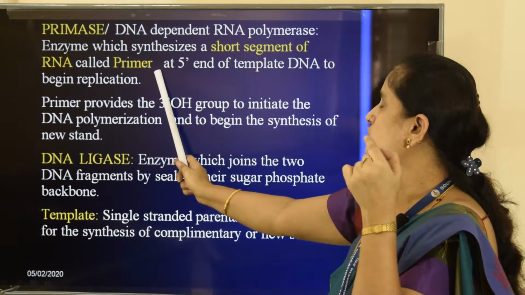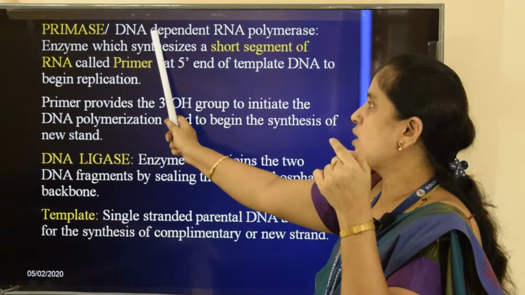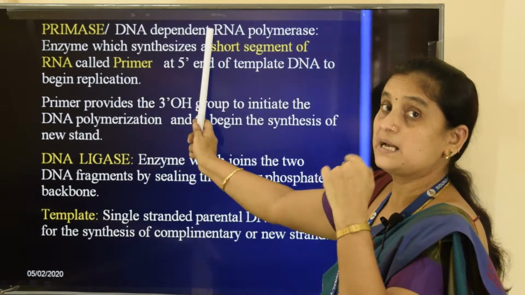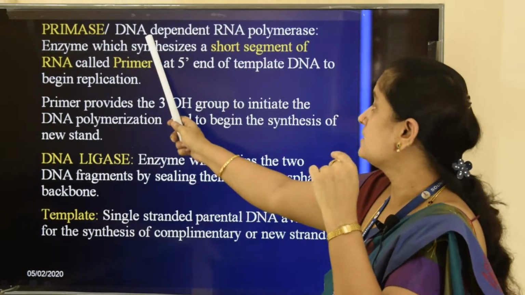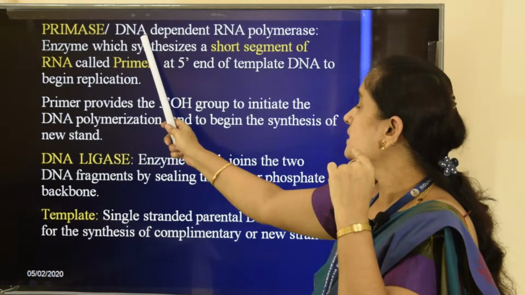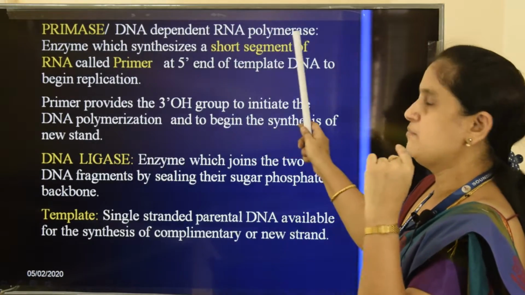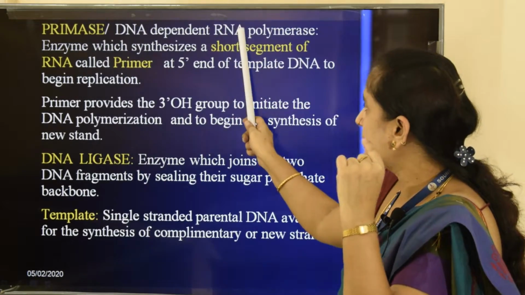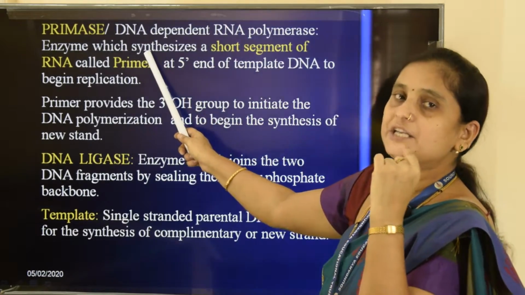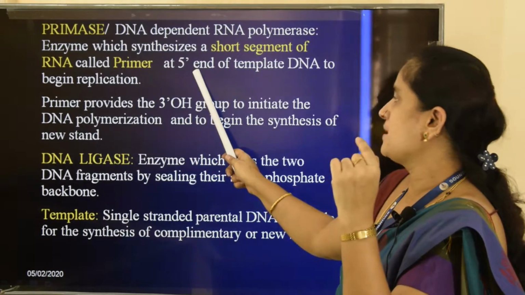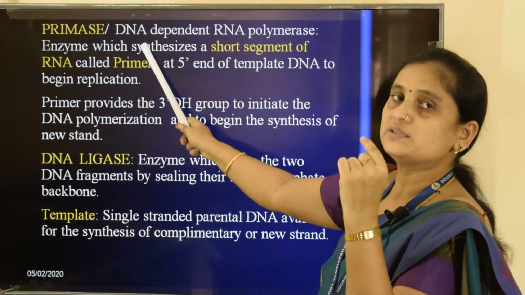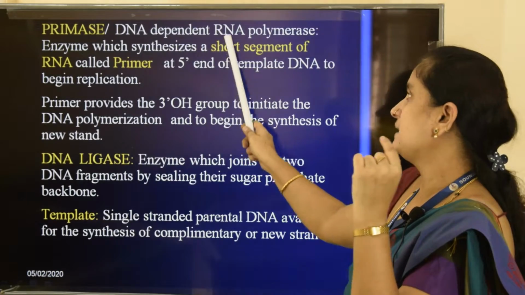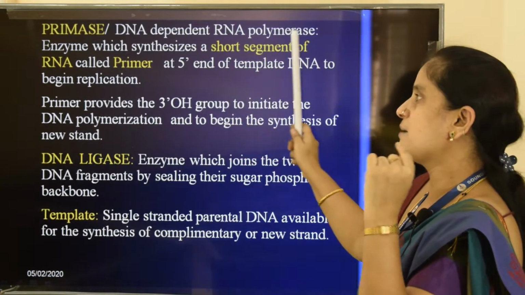That primer is synthesized depending on the template strand of the DNA, so it is considered a DNA dependent RNA polymerase. It synthesizes the new strand at the 5' end depending on the template DNA strand.